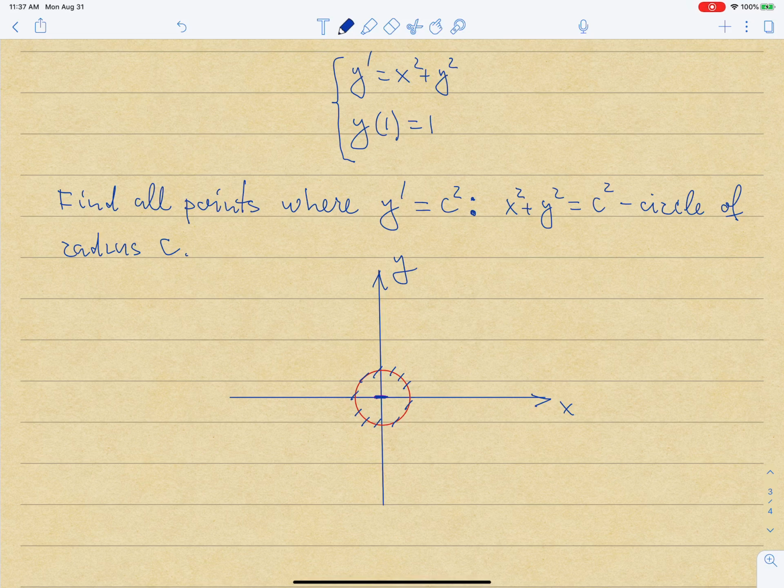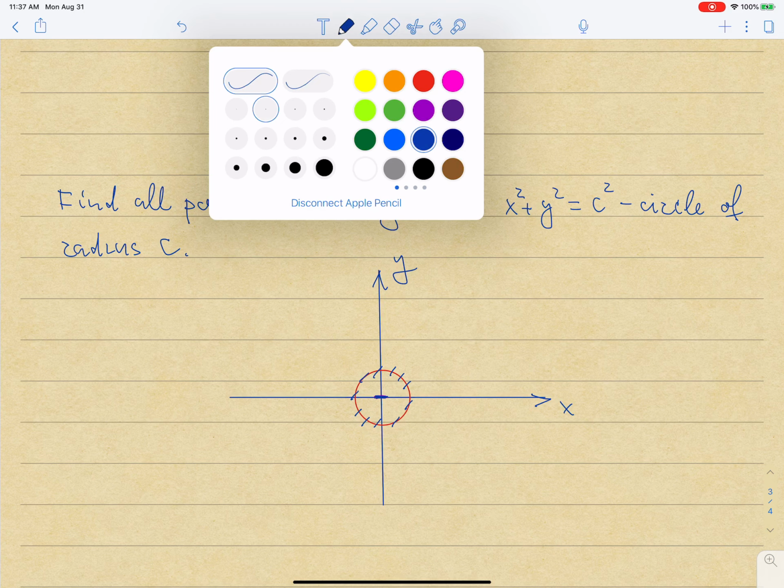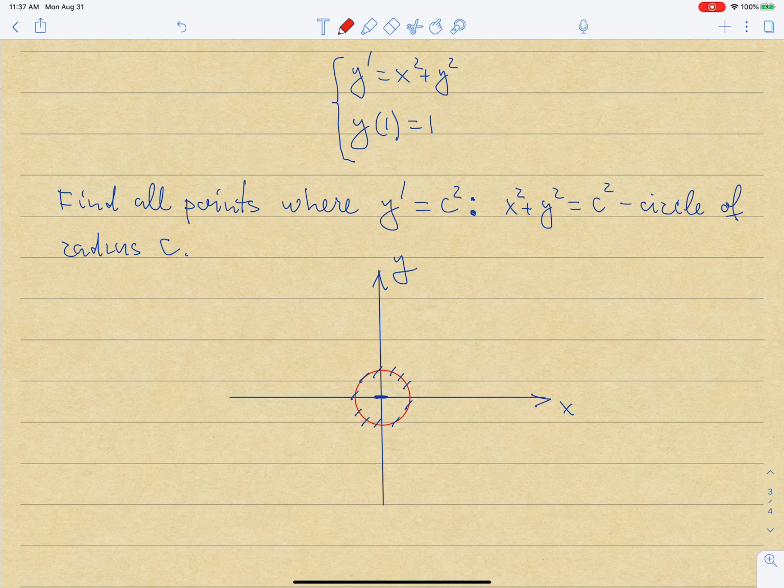Then if I make c equal to 2, I get a circle of radius 2. That doesn't look like a circle.